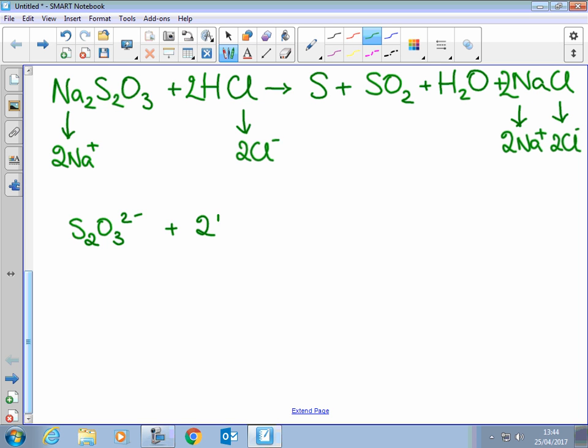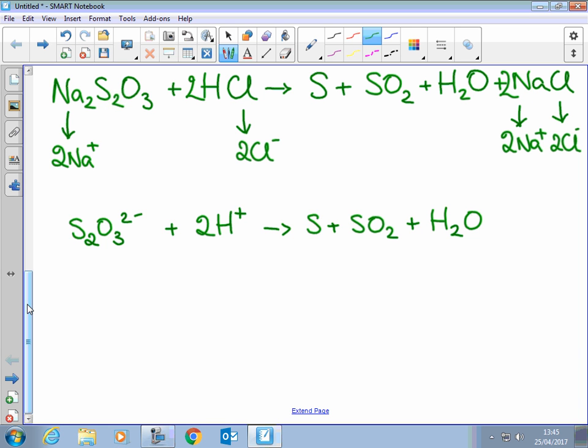We had our two hydrogen ions, because that changes. We don't have any hydrogen ions on the other side. And then the sulfur, the SO2 and the H2O are all in different forms. They've all gained or lost electrons. And so you've got the real bare bones of a reaction looking at it that way.